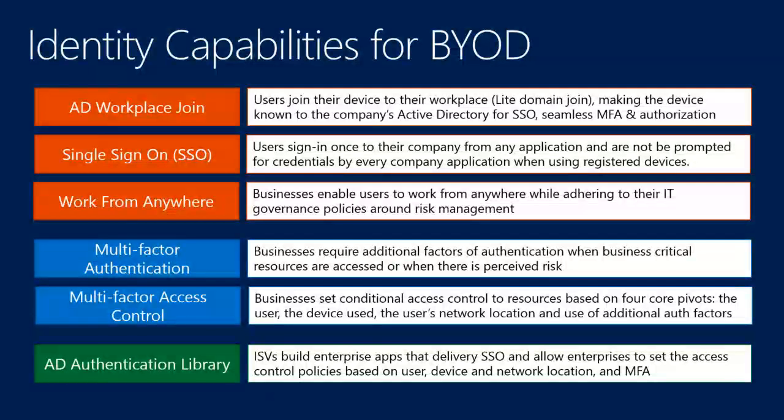We have a session tomorrow with more details on the web application proxy, so if you're interested, please do go by. My focus today is going to be more on the next two segments, colored in blue, which is about really thinking about multi-factor authentication, what improvements we've made in ADFS for that, as well as multi-factor access control.